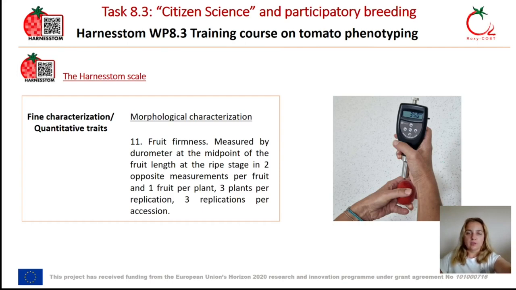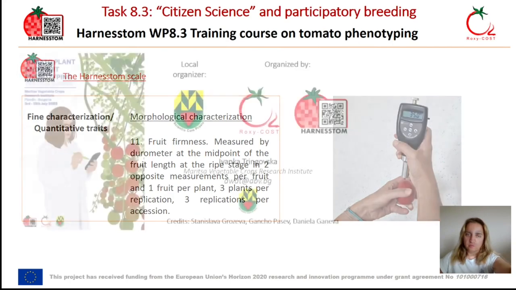In our Harnestone phenotyping trial, we are going to assess this trait in a more quantitative way by using a durometer. This is a device that applies a controlled force to the fruit and measures the resulting deformation or resistance. Firmness will be measured at the midpoint of the fruit length at two opposite points of the fruit.